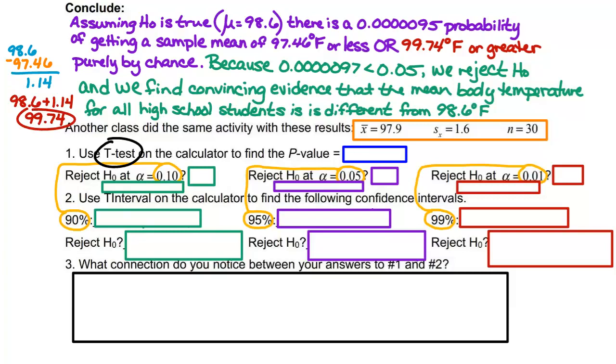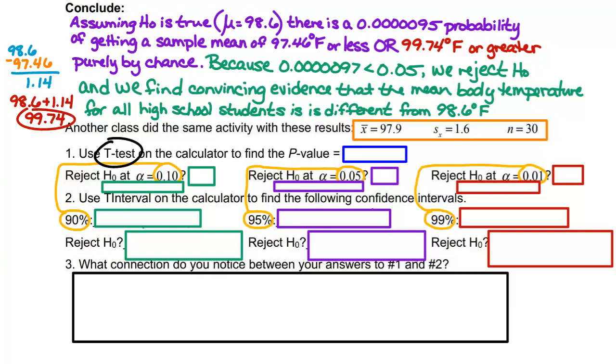What are we using for mu, our null hypothesis? 98.6. What is our x-bar? 97.9. SX? You said 1.6.